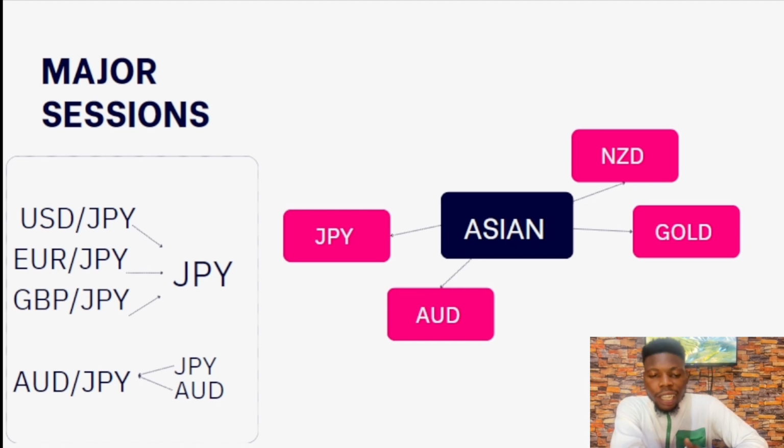And the reason is that both AUD and JPY are being actively traded. So there's a fight between 2 currencies. For example, you can see in the Asian session we have AUD and JPY. So if you pair both, there will always be a fight. So the market might be ranging because in the Asian session we have 4 major currencies, which are the JPY, AUD, gold, and the New Zealand dollar.